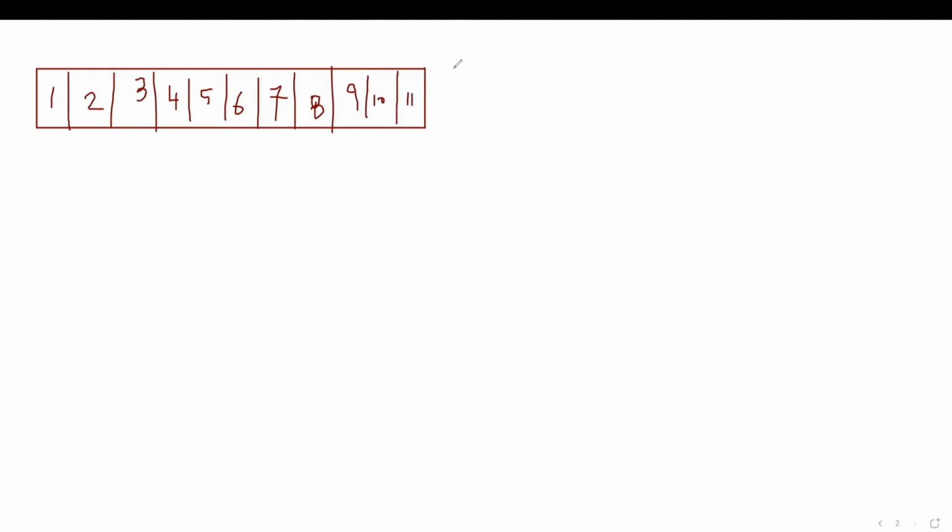Yeah, 12 balls. Now they say find the probability that both balls selected are even.